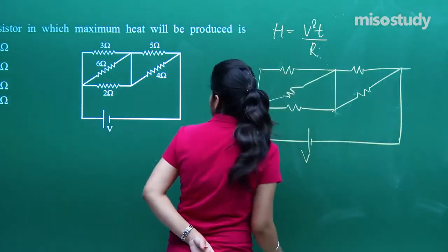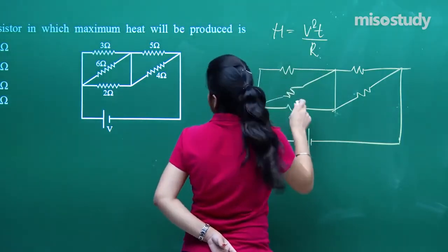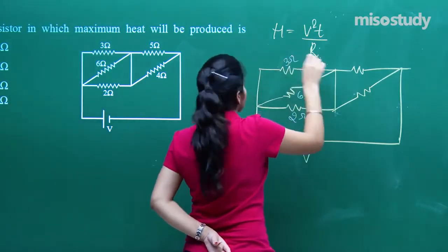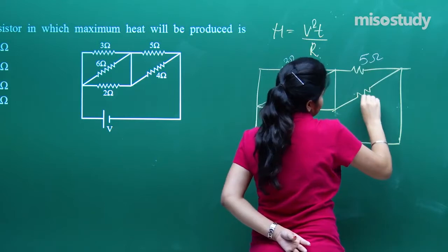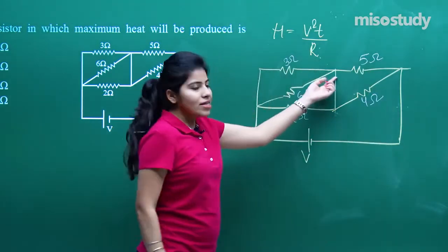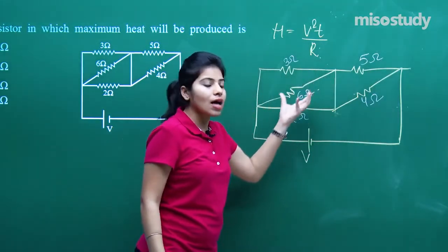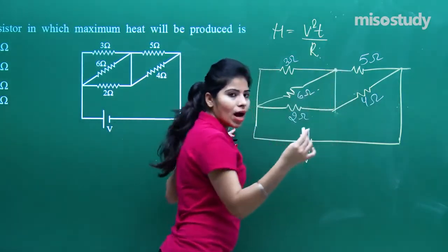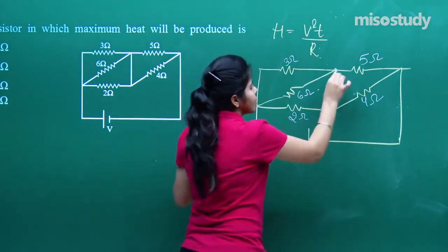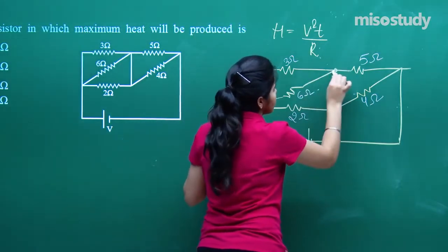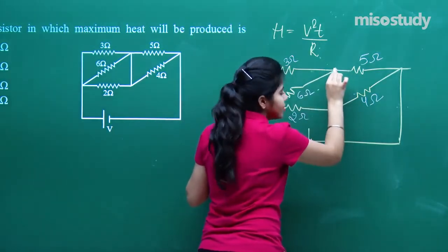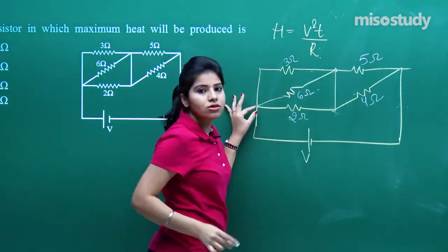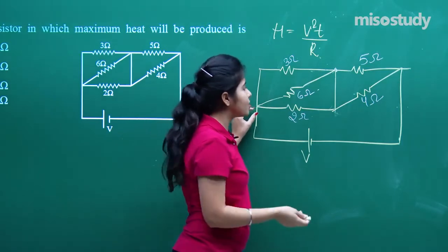Now in this, this is 2 ohm, this is 6 ohm, this is 3 ohm, 5 ohm and 4 ohm. As you can see, these 3 resistors are connected in parallel. Why parallel? Because their one end is connected at one particular point, and the second end is connected at another. So these 3 resistors are connected in parallel.